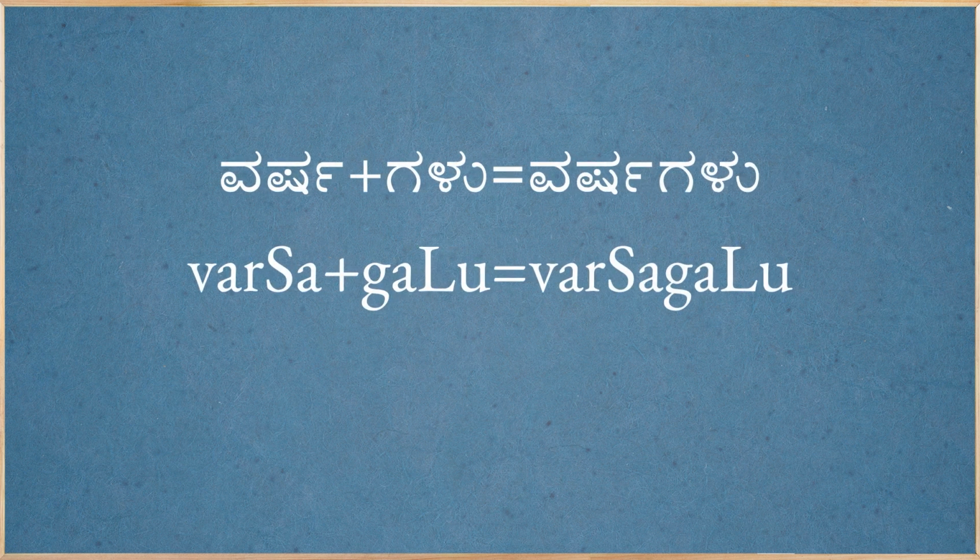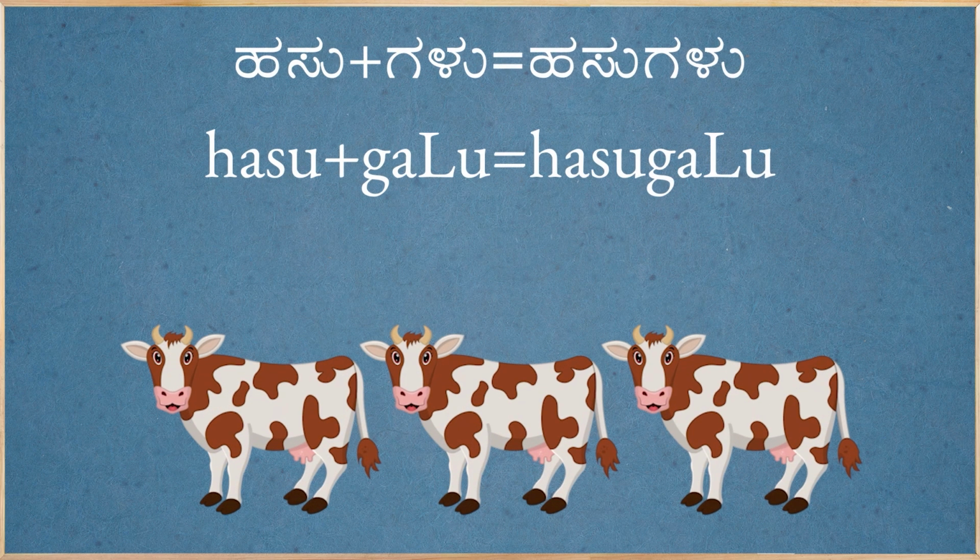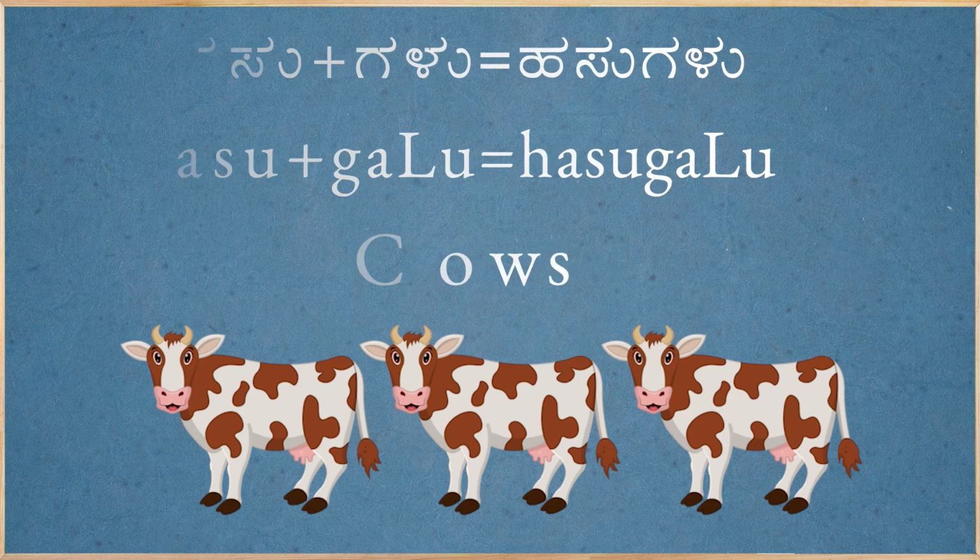Varsha plus galu will become varshagalu. Varshagalu. Years refers to a period spanning multiple years. Hasu plus galu will become hasugalu. Hasugalu. Cows denotes a herd or group of cows.